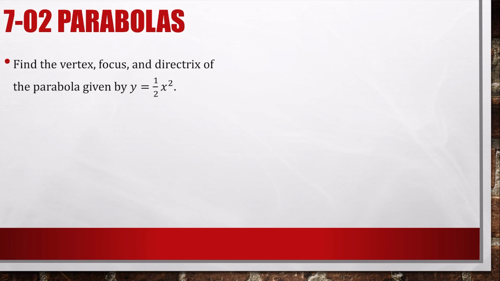Let's find the vertex, focus, and directrix of this parabola. The equation is not written in standard form because the standard form starts with a squared term equals everything else. So let's multiply by 2 to get rid of the half and get the x squared by itself.